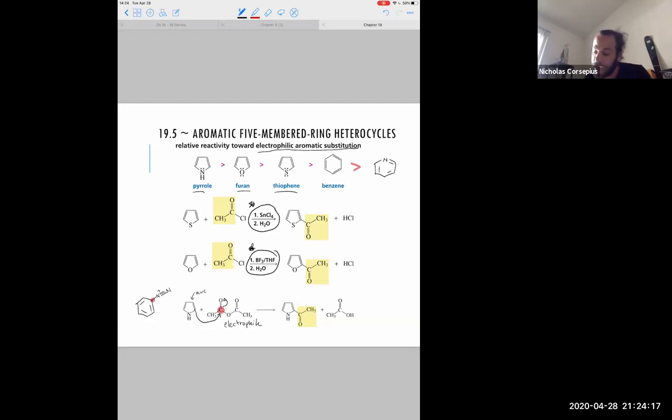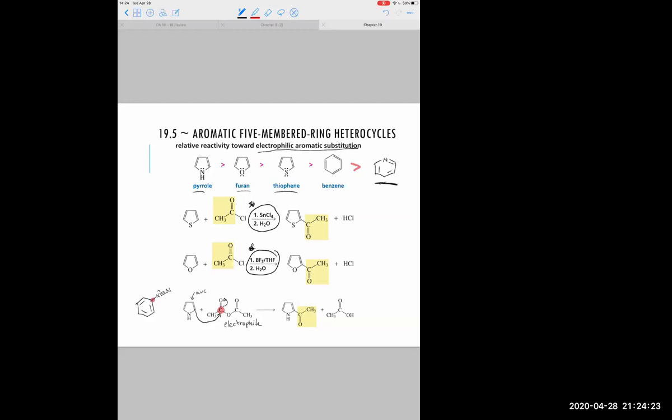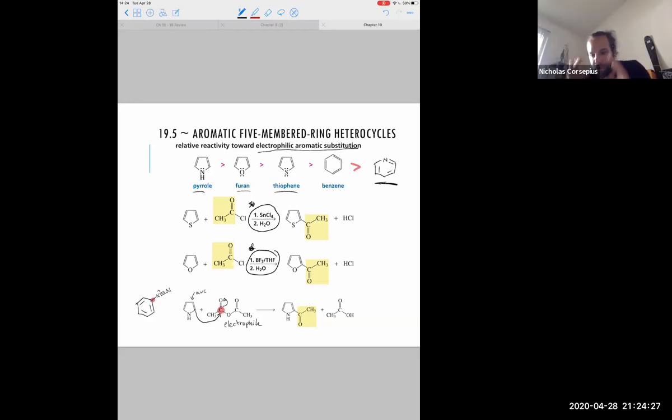But in terms of the NAS reactions, this is going to be the most reactive. It just reverses, right? Okay. I try to keep them separate in our minds. The 5-membered rings are always better nucleophiles, the 6-membered ring, pyridine, is worse, and then it's the exact reverse for the NAS, the nucleophilic aromatic substitutions.